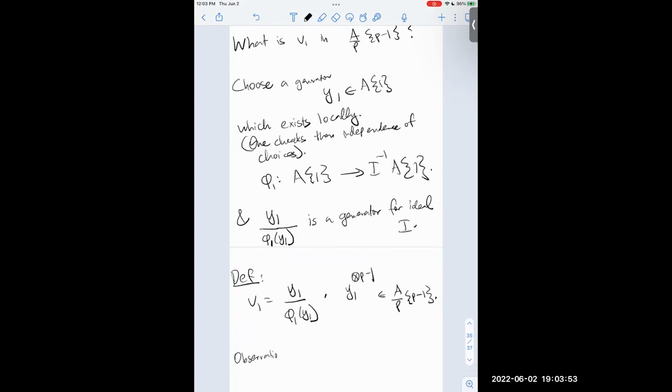Essentially the observation is that, because we're working mod p and mod Frobenius, if you were to rescale y1 by some unit, that rescaling would cancel out. And so the construction of V1 is independent of the choice of y1.